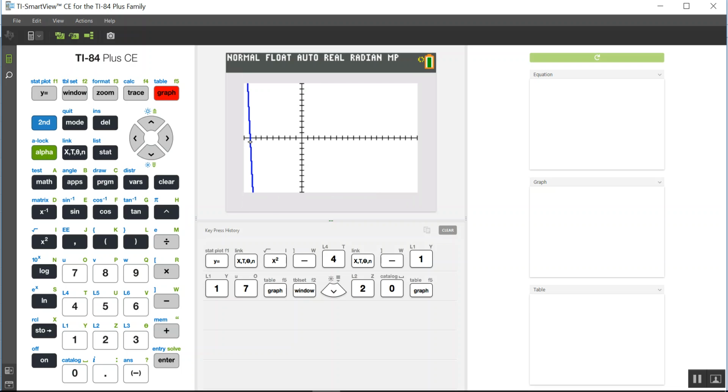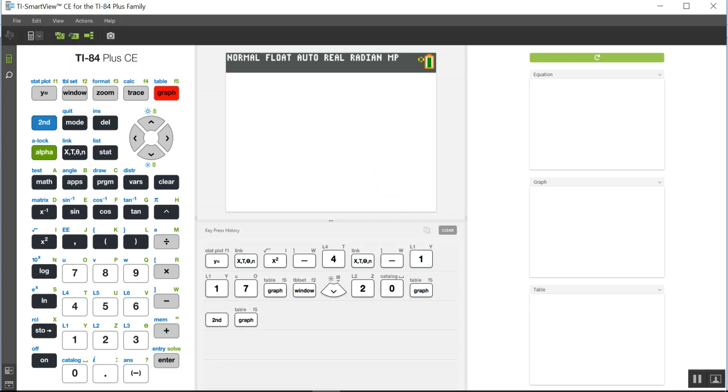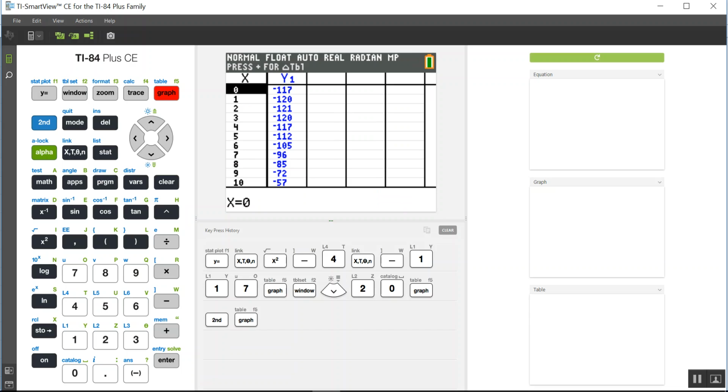So there's my -9. And there's my point right there. And I could either count that, or let's go ahead and take a look at a table. To get a table, I'm going to do second graph. Okay. And notice that it has x's in here. Actually, let me check my table setup.